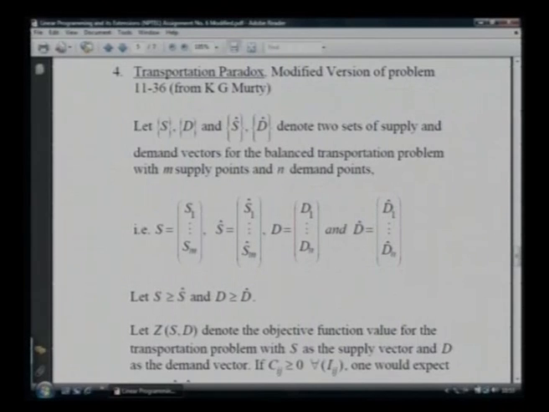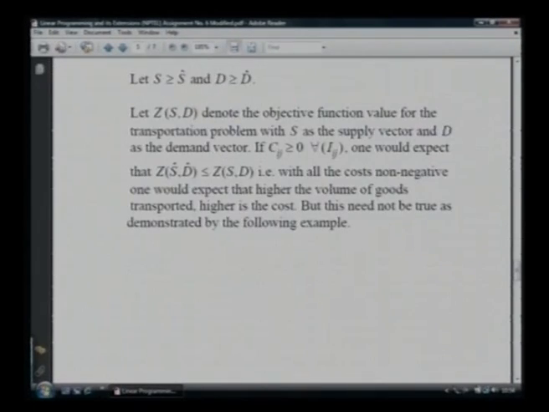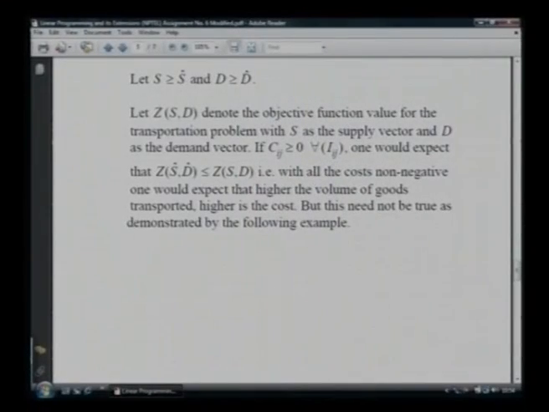So, now I am defining ZSD as the objective function value for the transportation problem. So, the costs remain the same, right, with S as the supply vector and D as the demand vector. If Cij's are all non-negative, then one would expect that since the volume of traffic for S comma D is more than S hat D hat, the objective function value for S comma D, that means ZSD, will be greater than ZS hat D hat.